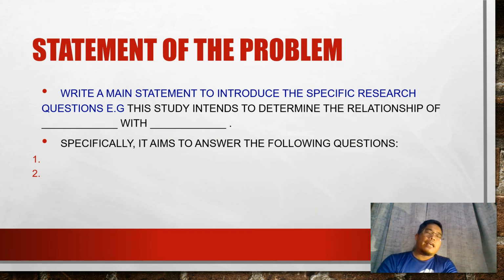For example, this study intends to determine the relationship of... okay, and here we have in this statement of the problem, of course, the researcher will give the questions that would lead to answering the hypothesis or the null hypothesis. So the statement of the problem focuses on what would be the main point of the research. Okay, so what would be the problem that needs to be answered? That is here in the statement of the problem.